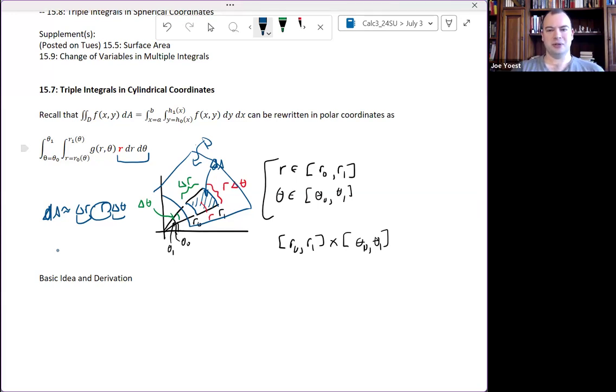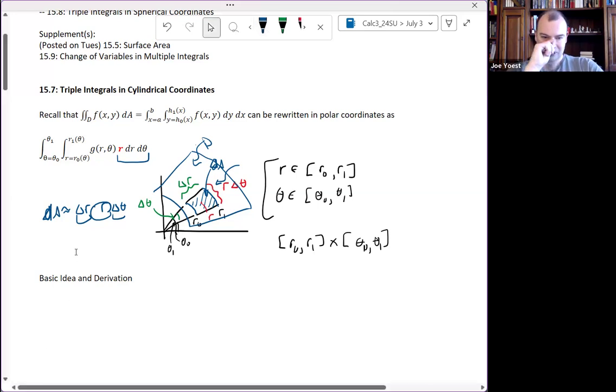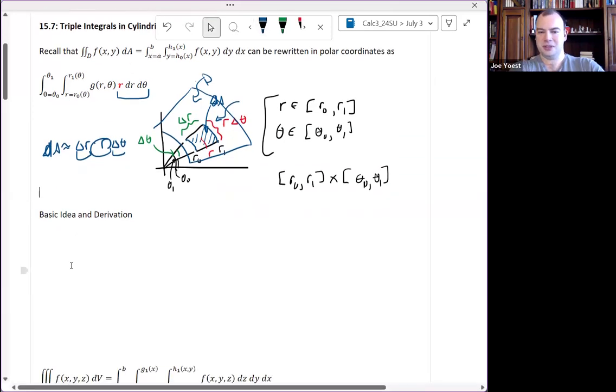In rectangular coordinates, it works out pretty nicely, but in other coordinate systems, we have to be careful what we actually get at the end of that integral. And the second thing is to remember that the arc length along a circular segment is the radius times the change in angle. Those are ideas that we will use heavily coming up here.